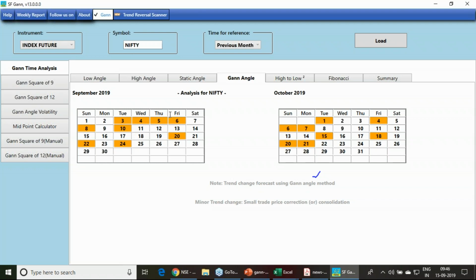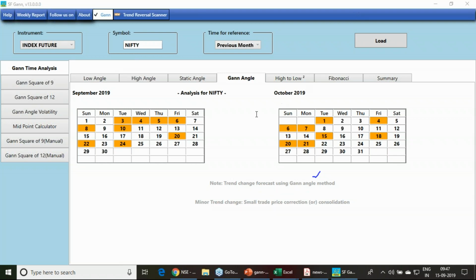If you use the Gann angle method for your price analysis on these days for intraday, you will get better success. These are the minor trend reversal days, and intraday it will be good, and these days are good for option sellers, because consolidation means there will definitely be a fall in IVs. With the fall in IVs, you can sell options, so option writing you can also do on these days.